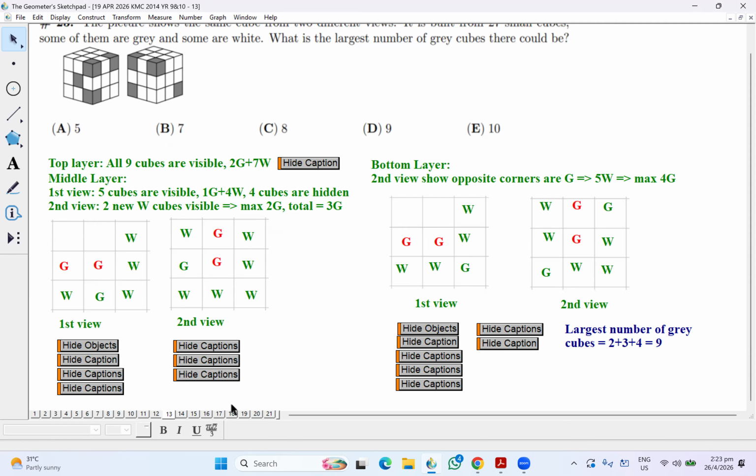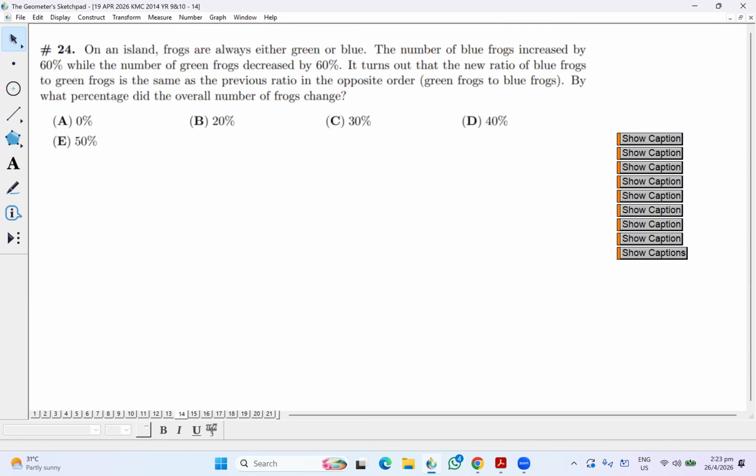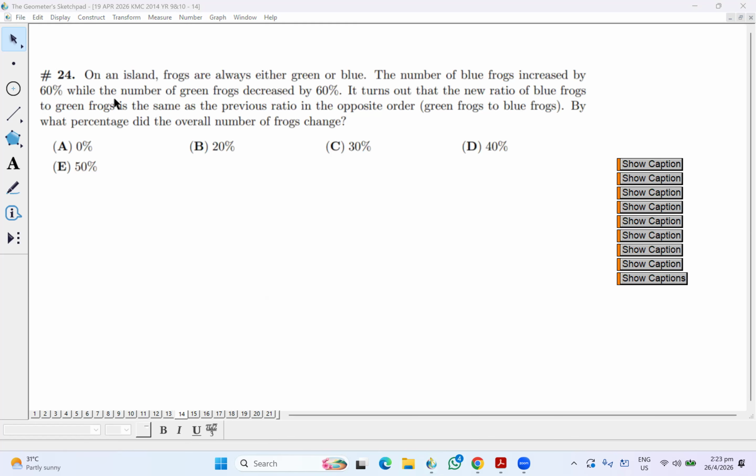Okay, next question. Let's see this guy here. On an island, frogs are always either green or blue. The number of blue frogs are increased by 60%, while the number of green frogs decreased by 60%.